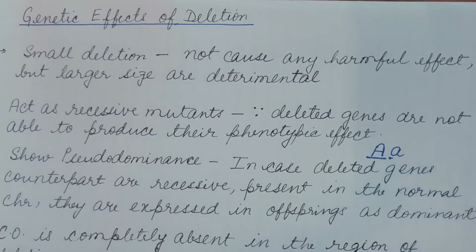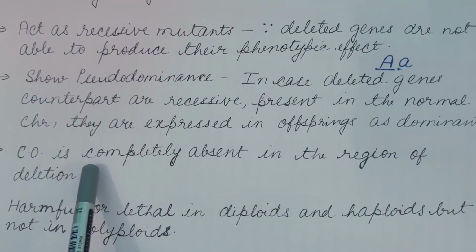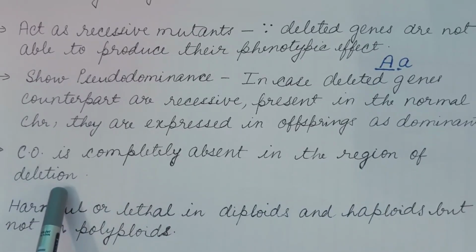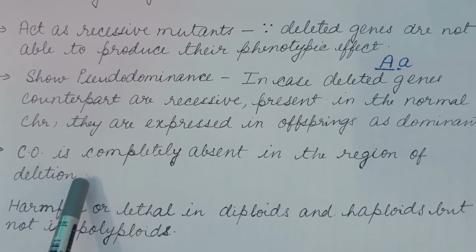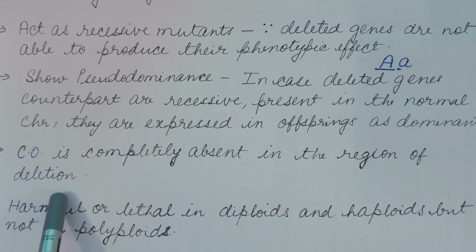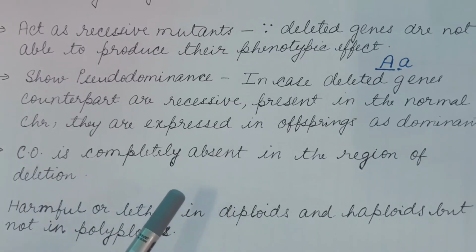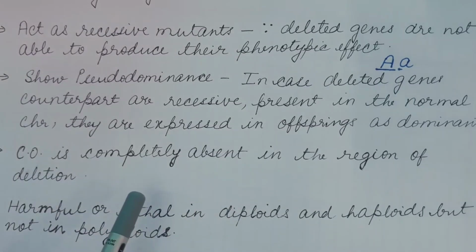This is known as pseudodominance. Crossing over is completely absent in the region of deletion, because in the absence of the deleted genes, its counterparts that are present in the normal chromosome are present in the hemizygous state, and in this condition crossing over is not possible.